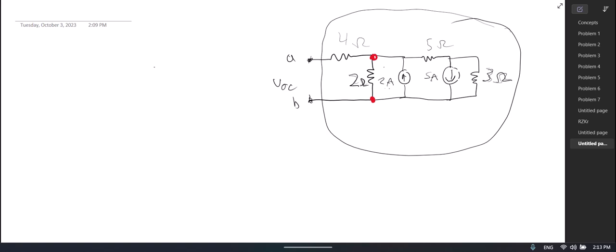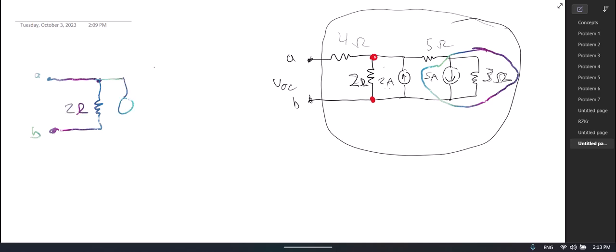Okay, so now that I have that, now I can do a source transformation with my current source right here and my resistor. So when I redraw this, I'm going to leave out that 4 ohm resistor because it's not doing anything for me. And I have a 2 ohm resistor right here. And I've got a 2 amp current source right here.